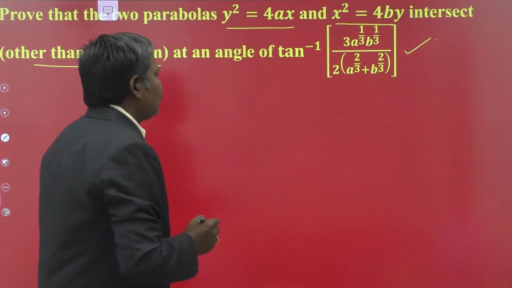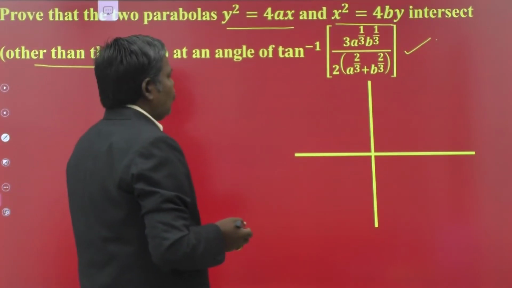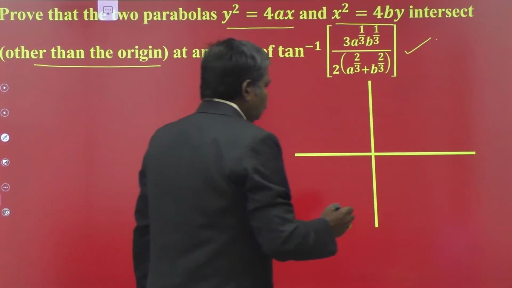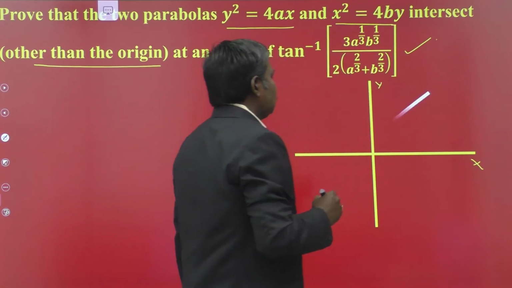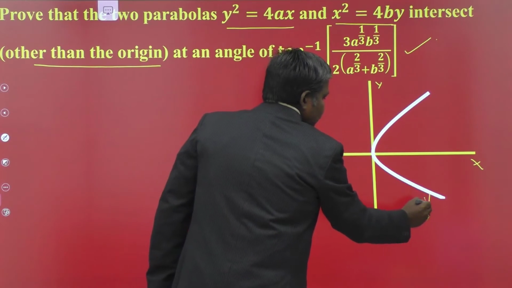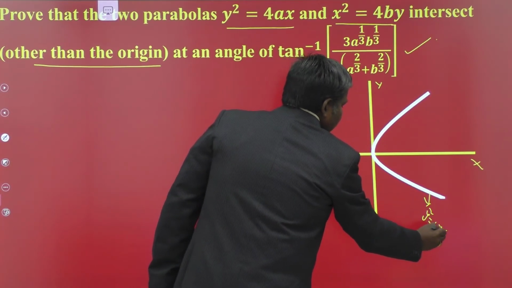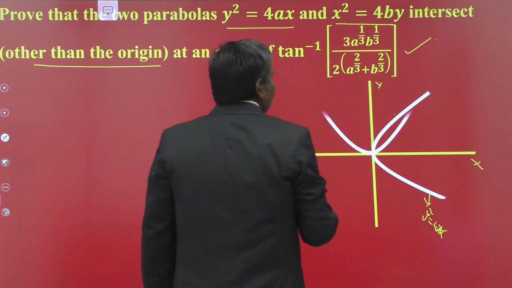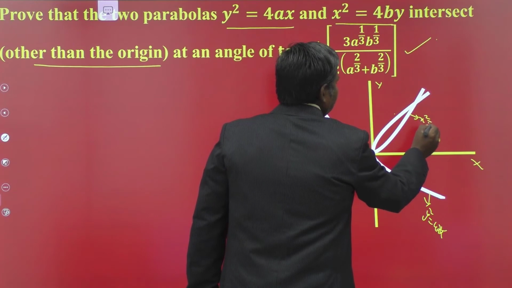So let us try to draw the figure first of all. These are known curves. These are the coordinate axes: this is your x-axis and this is your y-axis. This is the parabola y square is equal to 4ax and this is the parabola x square is equal to 4by.